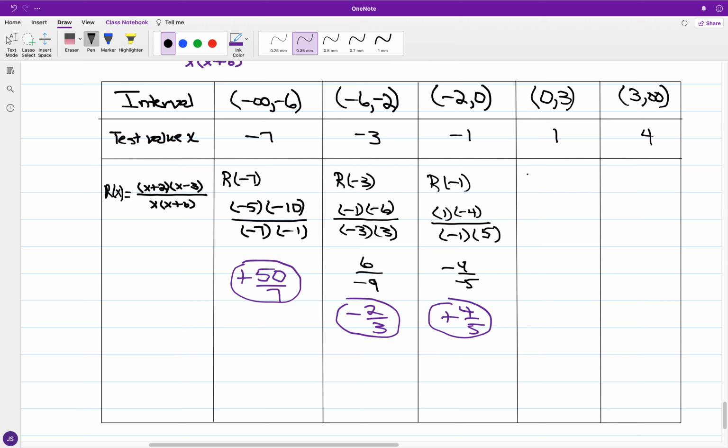And in the case of r of 1, I have 1 plus 2 is 3. 1 minus 3 is -2. And you got 1, and 1 plus 6 is 7. And so for this output, we have -6/7.